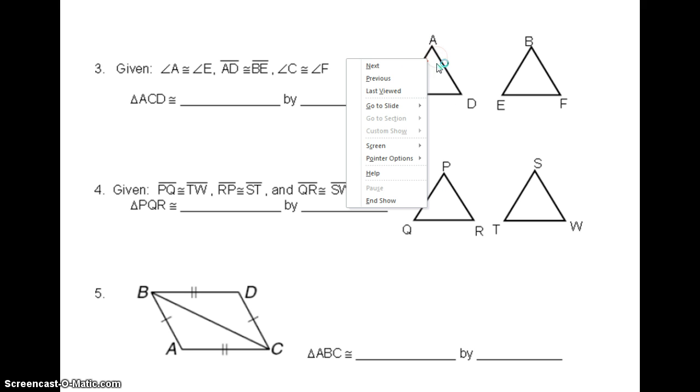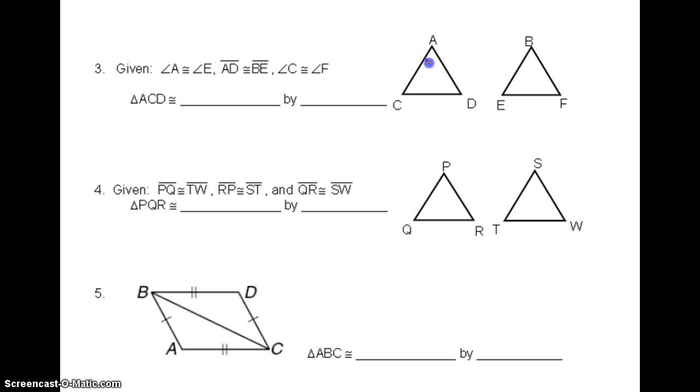Put a loop on that. A, and that's congruent to angle E. And then we have AD, this line segment here, is congruent to BE, this one over here. And then angle C, this one. Put 2 loops on that. Angle F.